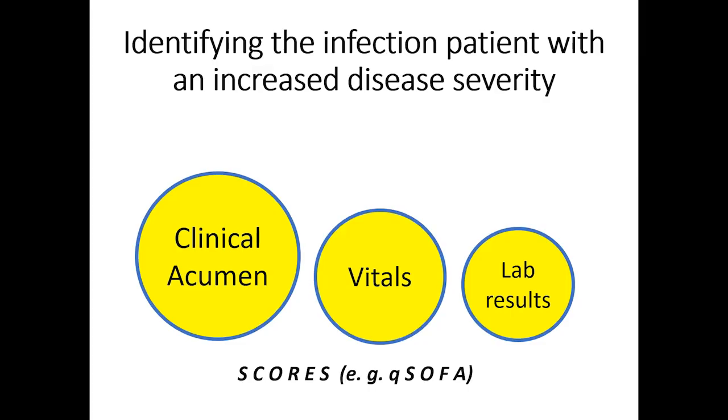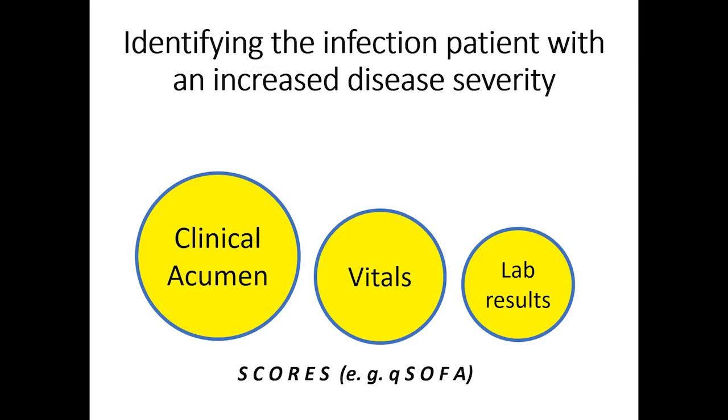So the first one, and the most important one, I believe, is our clinical acumen, our clinical skills to evaluate a patient. Only of secondary relevance are the vital parameters. Usually, if patients show deranged vital parameters, they are severely sick, no question about this. But most of these patients already show clinical signs way before their vital parameters are deranged.